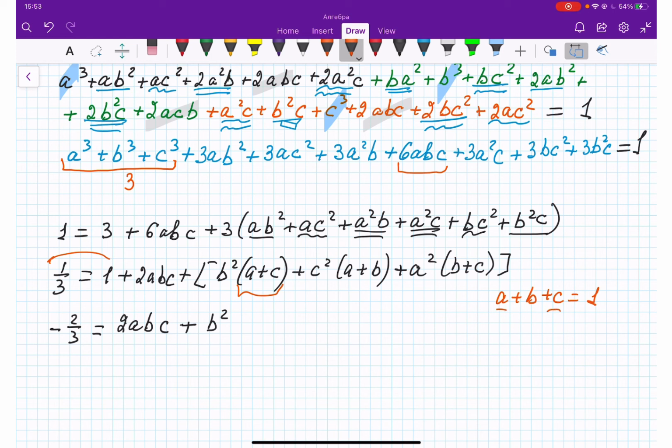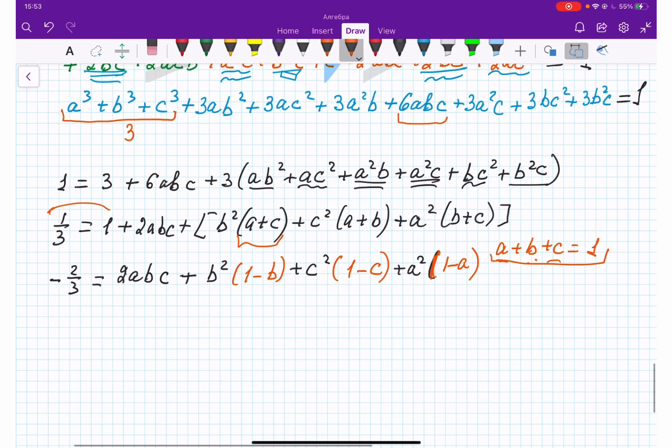So I'm going to write down 1 minus b. Next, plus c squared, I'm going to write down 1 minus c, because a plus b from this equation is going to be 1 minus c. And the third one, plus a squared times 1 minus a.